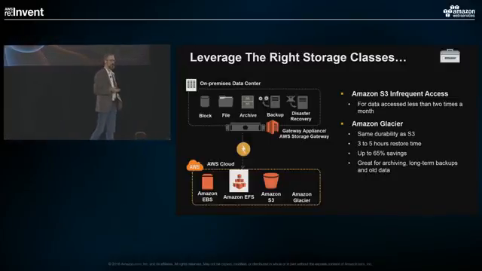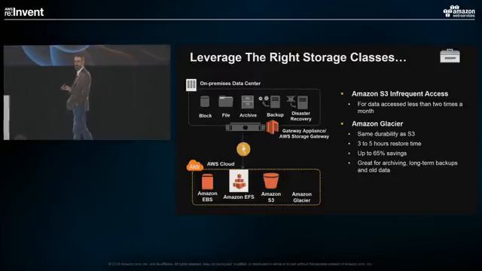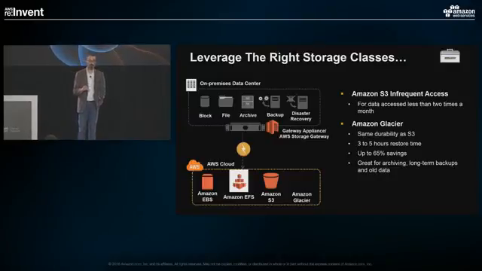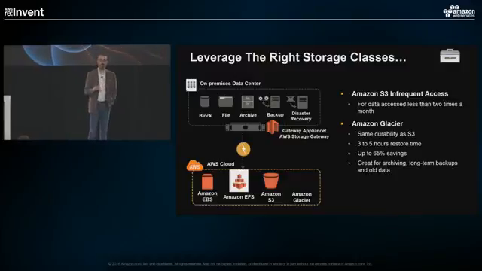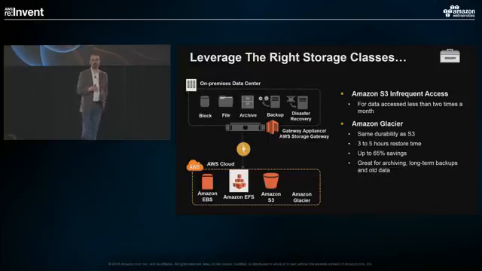As an example, Infor, who I talked about earlier, changed their backup strategy to use the Amazon EBS ST1, which is a throughput optimized EBS volume type, specifically for their database backups. In doing so, they saved 75% of their monthly backup cost just by changing the type of storage they're using. And as a side bonus, they got better performance too.